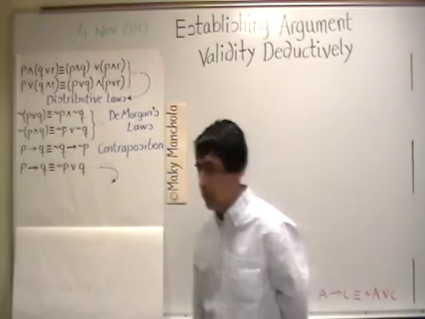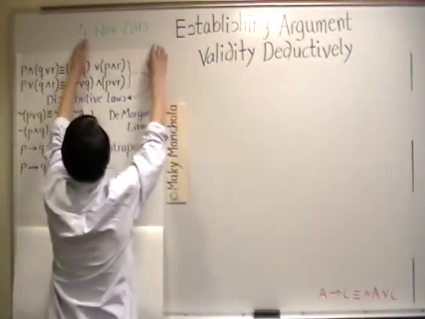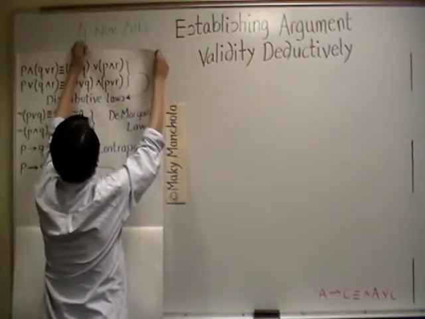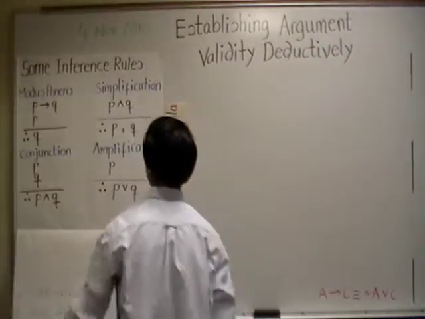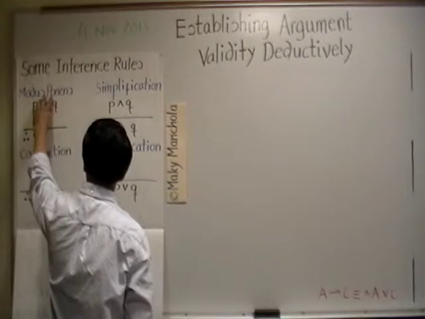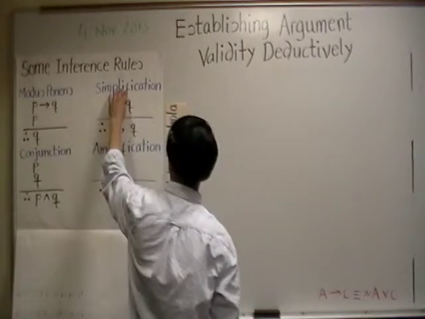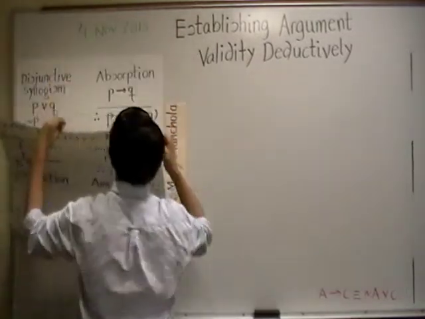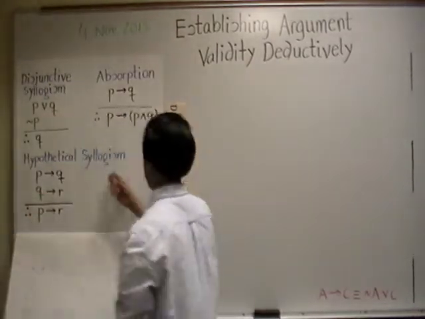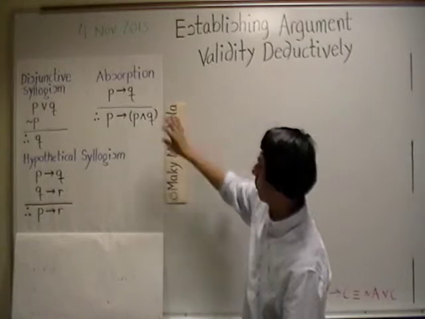And let's also review some inference rules. So we have modus ponens, conjunction, simplification, amplification, disjunctive syllogism, hypothetical syllogism, and absorption.